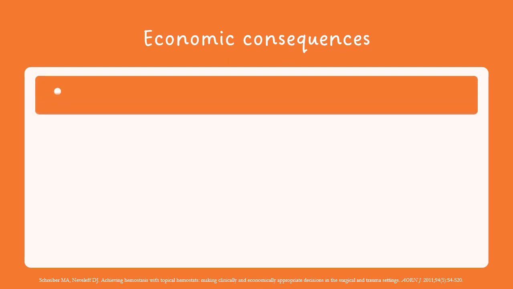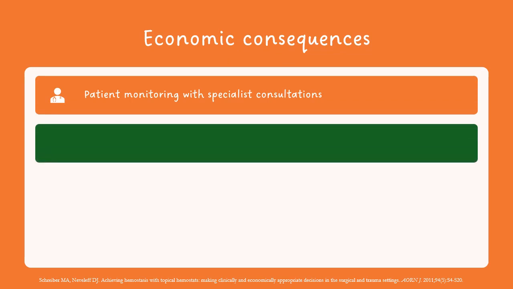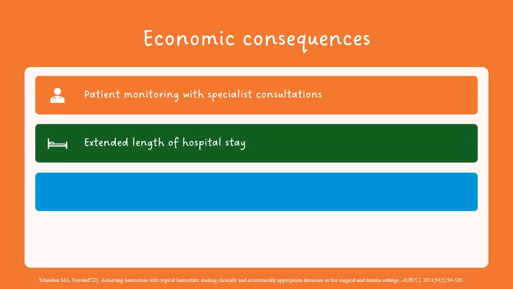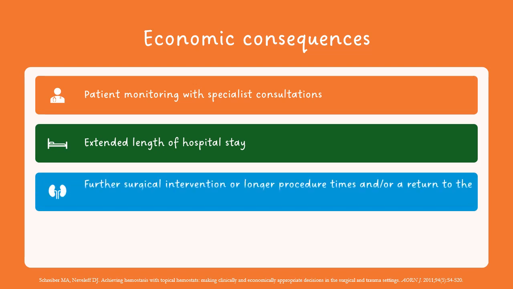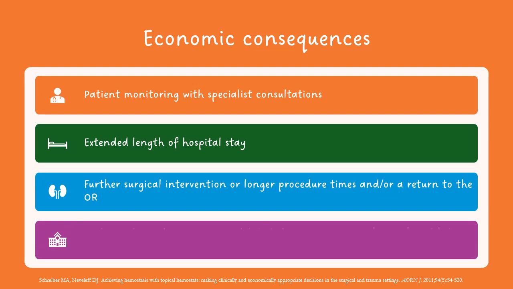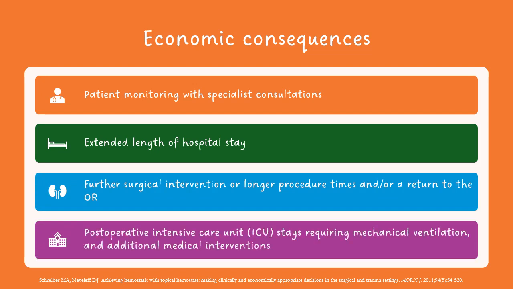The economic effects of bleeding can be substantial, primarily because of the increased need for patient monitoring with specialist consultations. It can need an extended length of hospital stay. Further surgical intervention may be required, and longer procedure times and or return to the OR. And post-operative intensive care unit stays can also be prolonged, requiring mechanical ventilation and additional medical interventions.